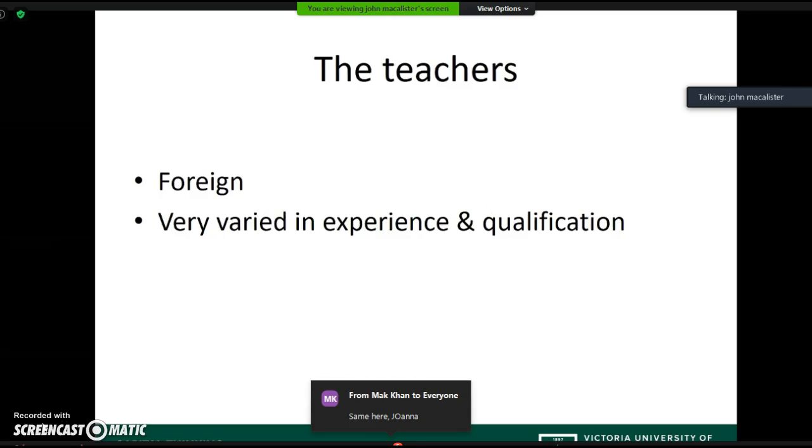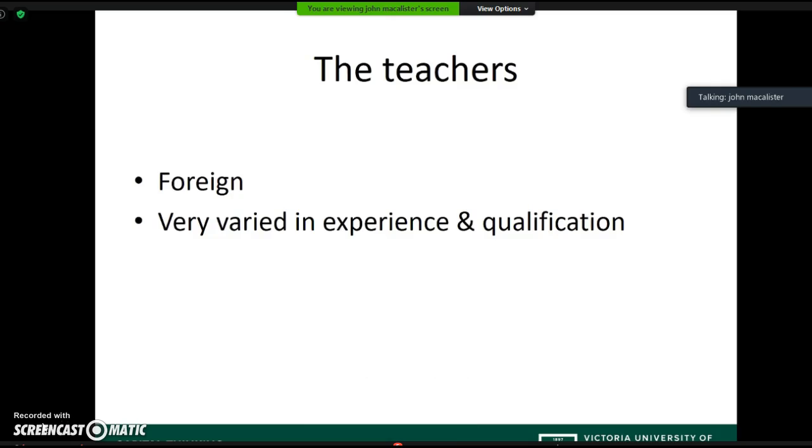Something else I learned was about the teachers. So I had much more detailed information here because I had their CVs to look at. So they were all foreign teachers, and they were extremely varied in experience and qualification. If I'm honest, if I had been employing these teachers, not many of them would have got an interview.